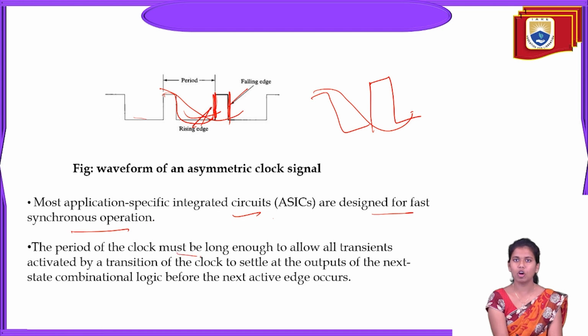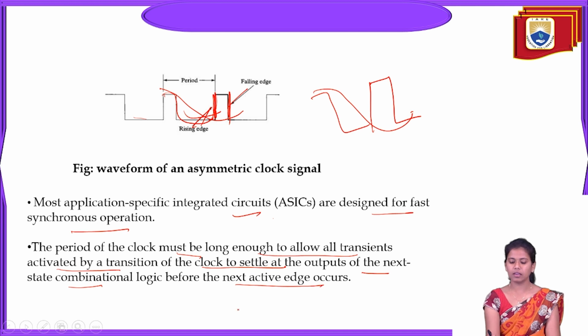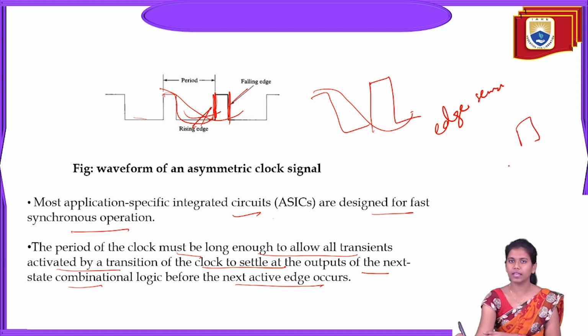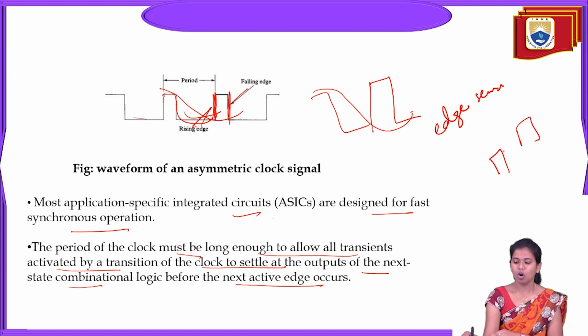The period of the clock must be long enough to allow all transients triggered by the clock to settle down at the output of the next combinational logic before the next active edge occurs. As we are discussing edge sensitivity, before the occurrence of the next edge, all the transitions will be completed.